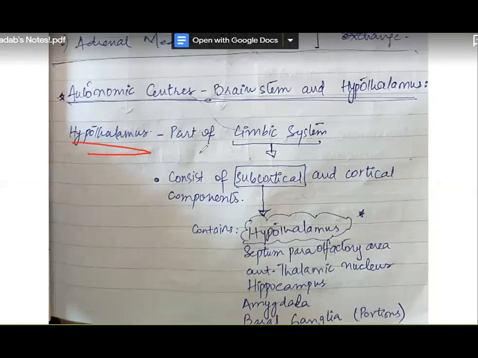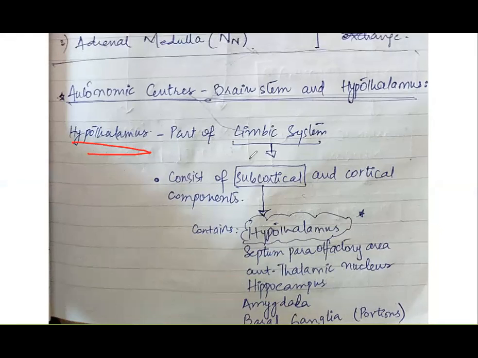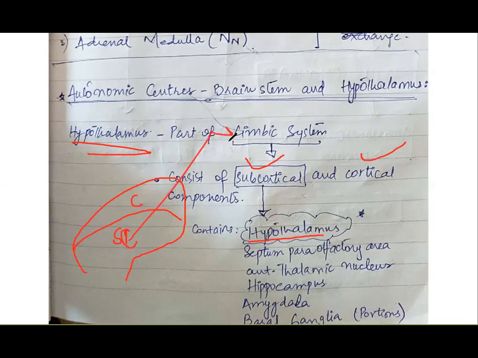You see, this hypothalamus is a part of the limbic system, which consists of subcortical and cortical components. When we talk about subcortical, we see the hypothalamus, because cortical is like the cerebral cortex. If this is the brain, the upper portion is the cortex, and below it we have the subcortical region, and that subcortical region has this limbic system.